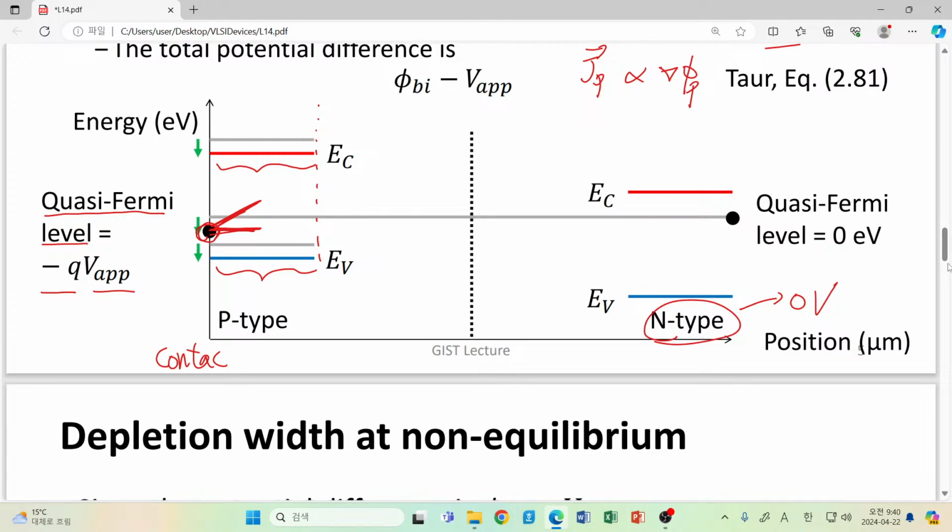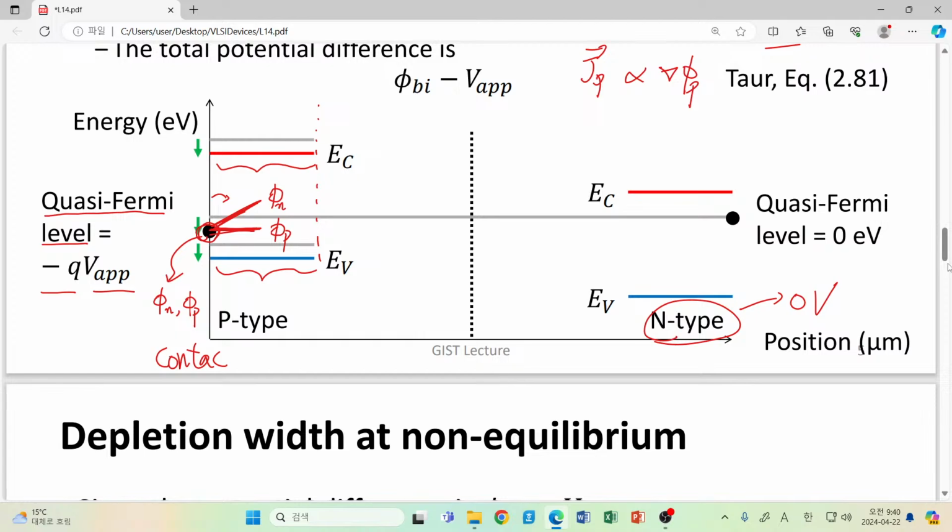So now, at this point, we can draw both the electron quasi-Fermi potential and the hole quasi-Fermi potential. However, when we go into the p-type region away from the contact, the behavior of your hole quasi-Fermi potential and electron quasi-Fermi potential are different.